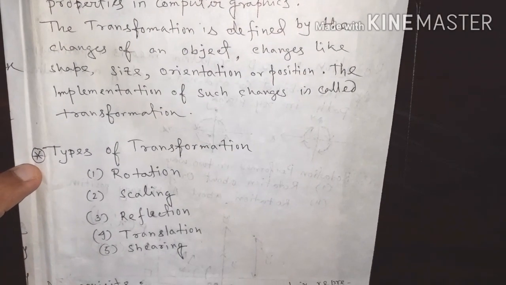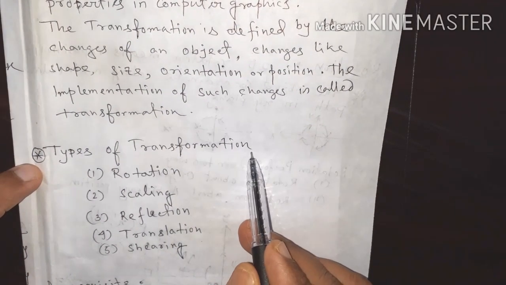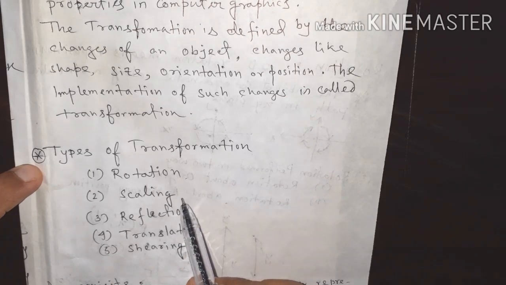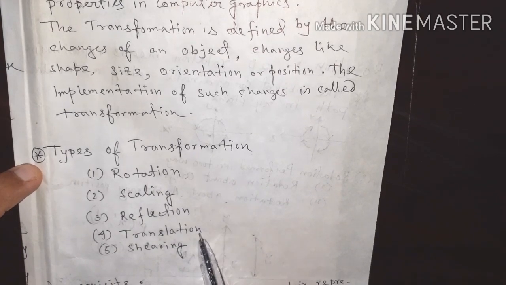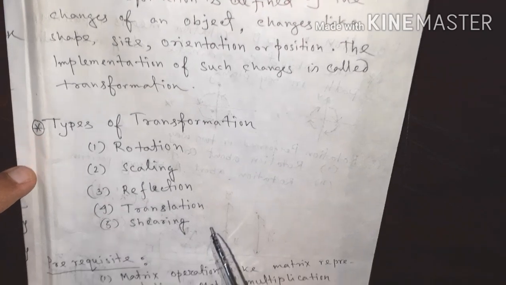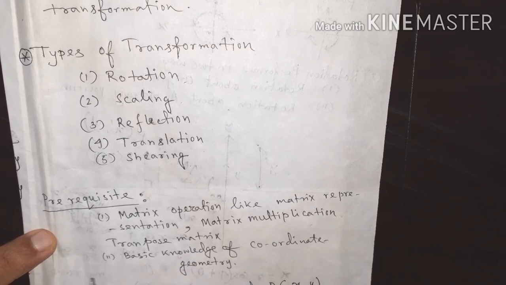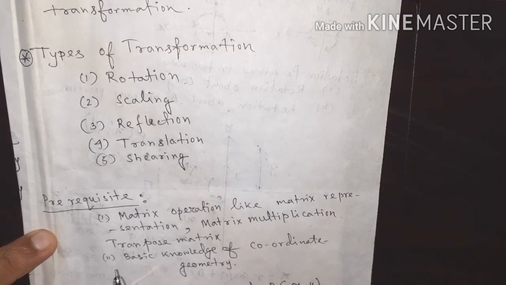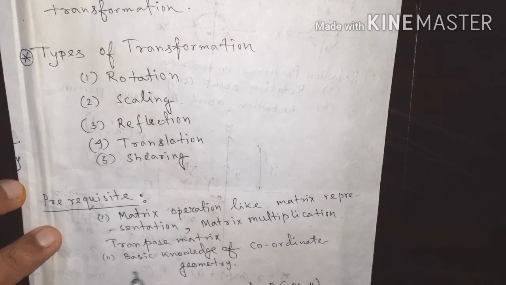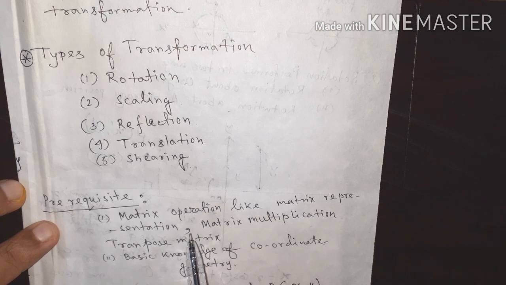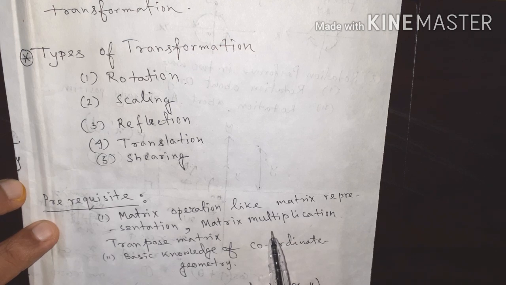There are different types of transformation: rotation, scaling, reflection, translation, shearing. Before we start these operations, we need some basic knowledge of mathematics, like how to represent a linear equation in matrix format, matrix multiplication, and the basic concept of the transpose of a matrix.